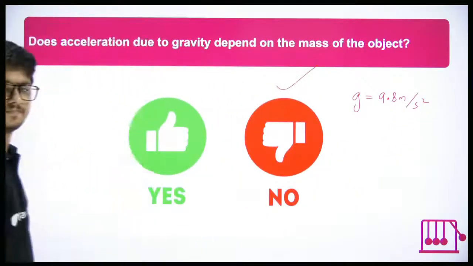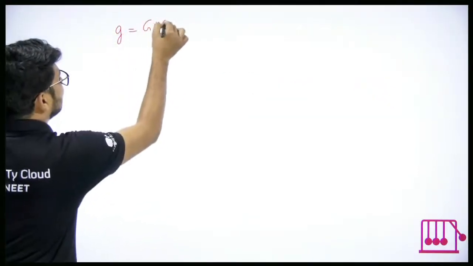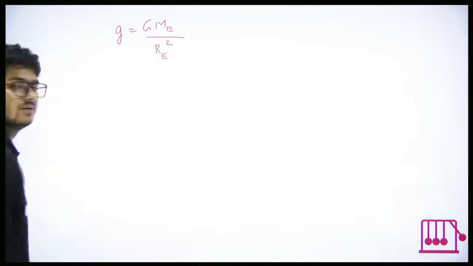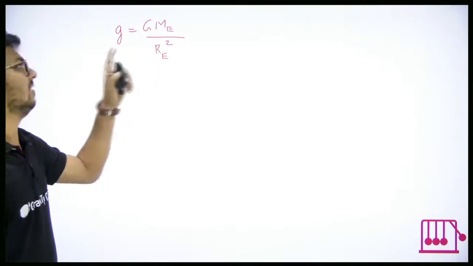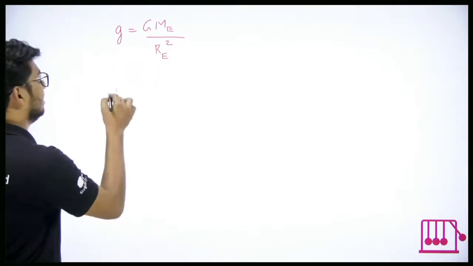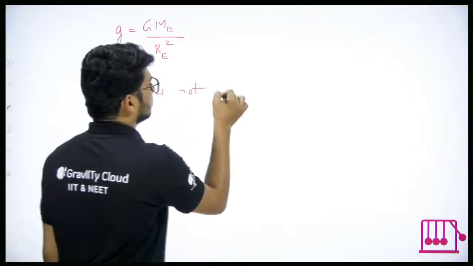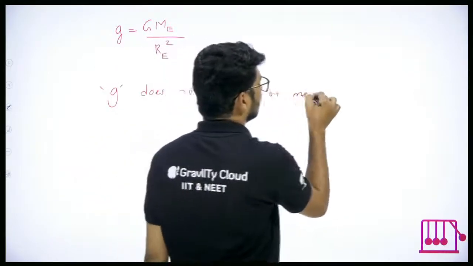And see, what is the formula for G? Capital G, mass of Earth upon radius of Earth square. Do you have mass of object in this? We do not have mass of object in this, so that means G does not depend on mass of object.